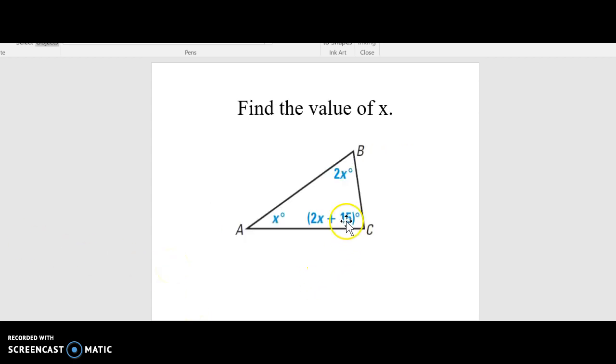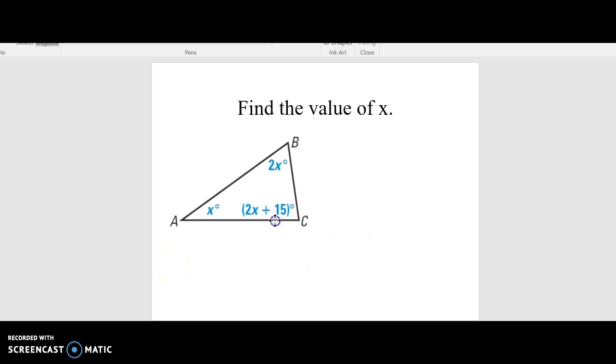Next example, if we're looking to find the value of x here. Think, what do we know about all three angles in a triangle? All three of these angles have to add up to 180. That's my exact setup: x plus 2x plus 2x plus 15 all has to add up to 180.